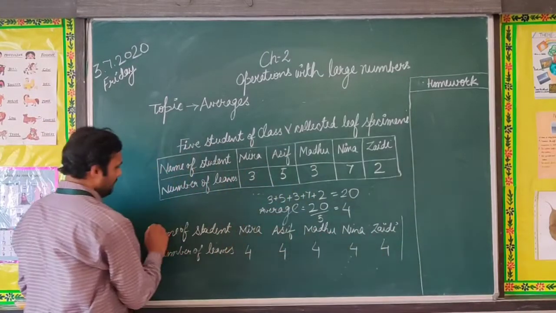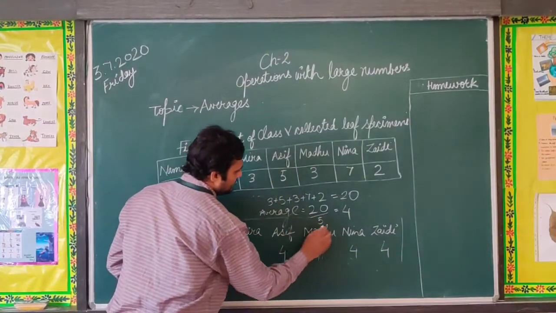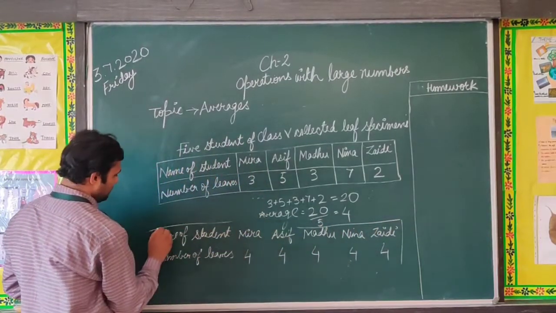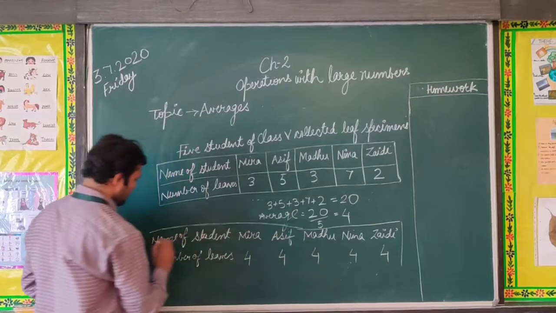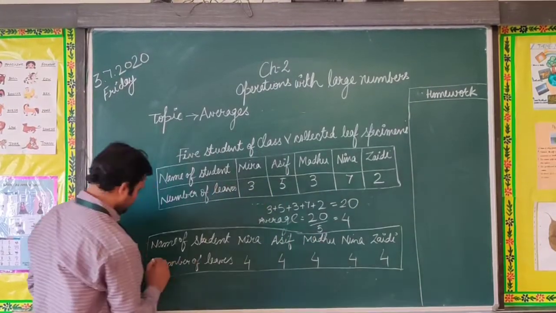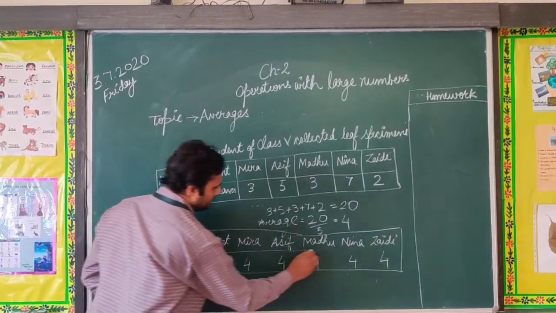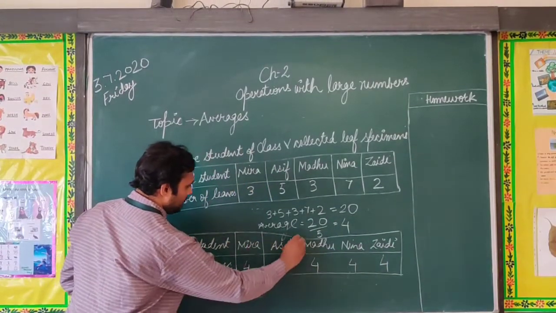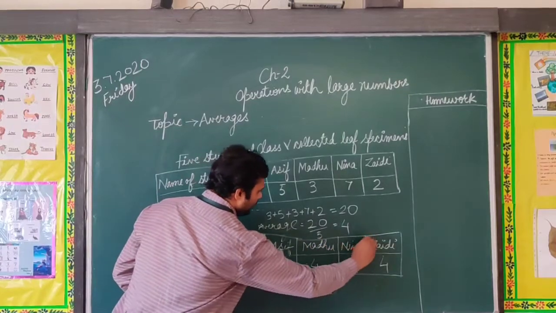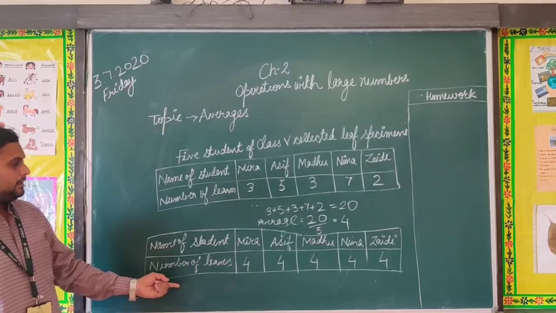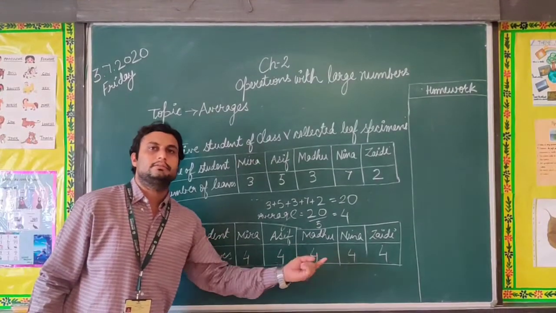So the table will be like this. Number of students 5, number of leaves collected 4. After taking the average, this is how the table will look.